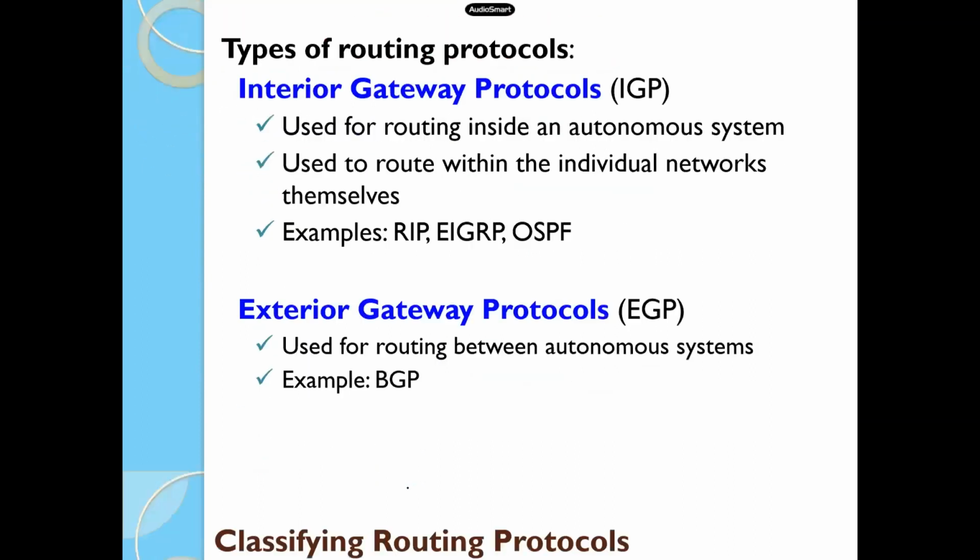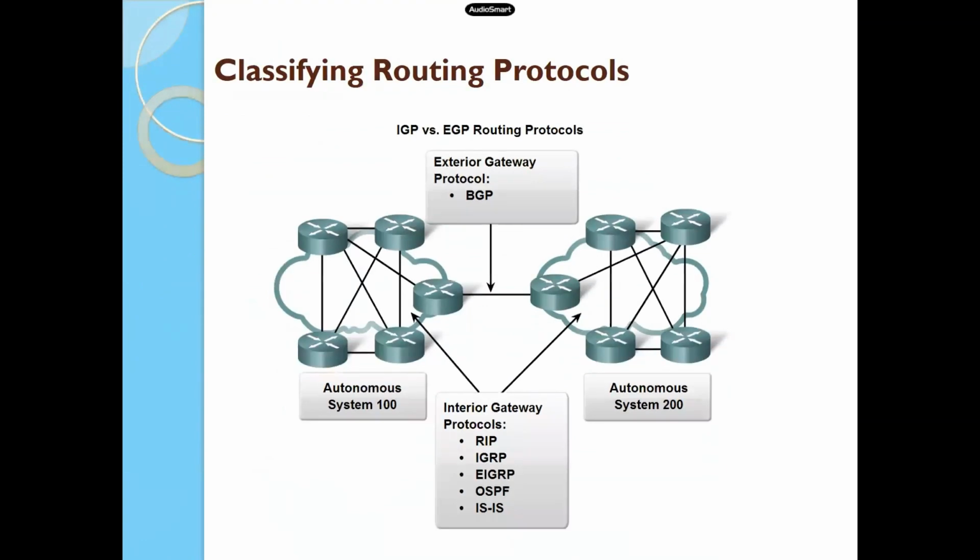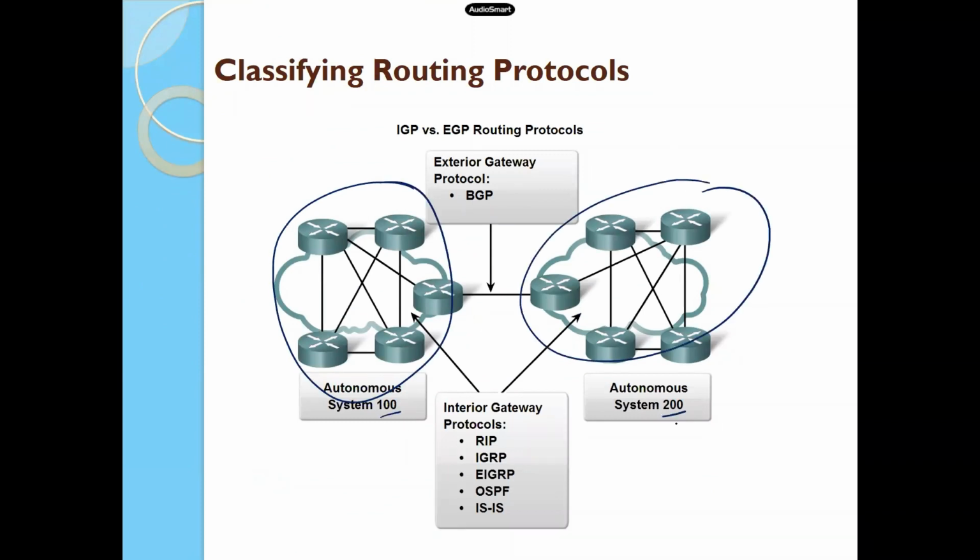To visually illustrate this idea, this figure describes it. We have two autonomous systems. This is autonomous system 100 and this is autonomous system 200. They're just examples, just numbers. Within the connections inside each autonomous system, notice we have all routing protocols here.